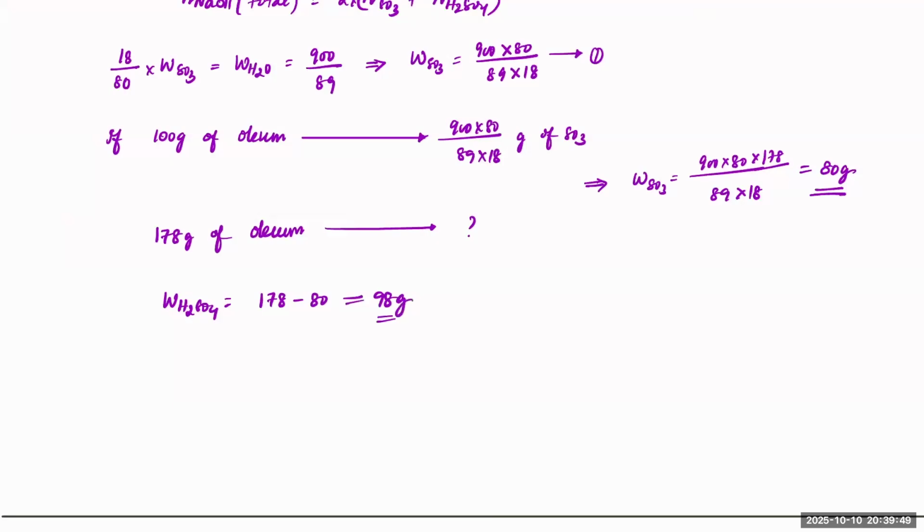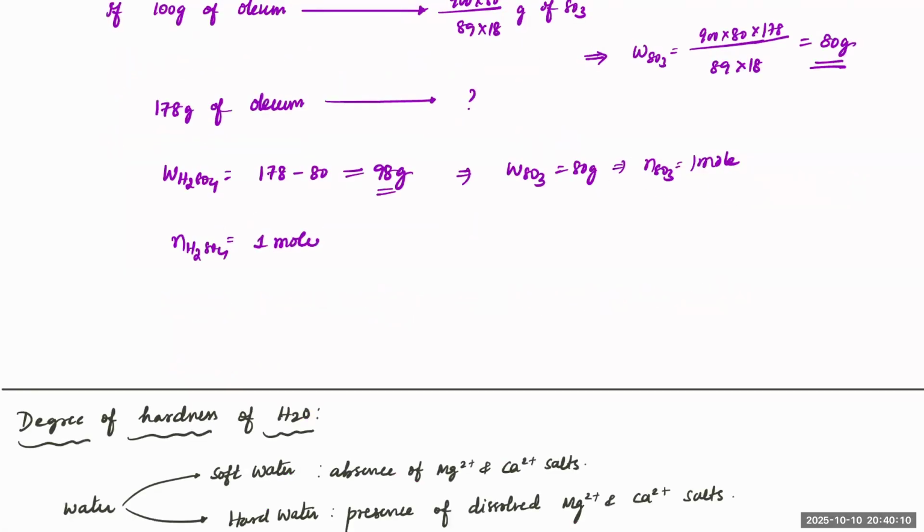So weight of SO3 is 80 grams, which means number of moles of SO3 is 1 mole. Weight of H2SO4 is 98 grams, which means number of moles of H2SO4 is 1 mole.